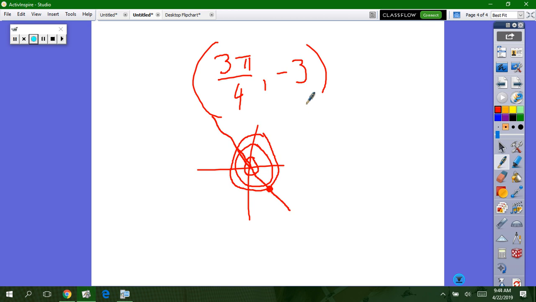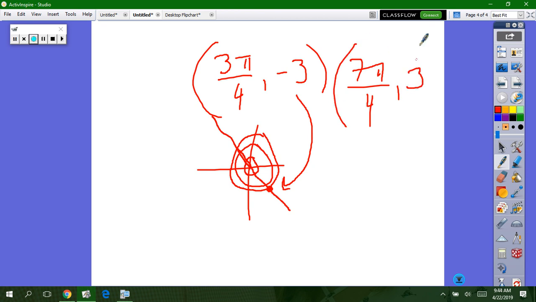Okay, so could somebody tell me what's another point that's exactly the same spot as 3 pi fourths comma negative 3? What would be the exact same point as that? 7 pi fourths comma what? It'd still be 3. Because if I was negative 3, I'd have to push through, right?